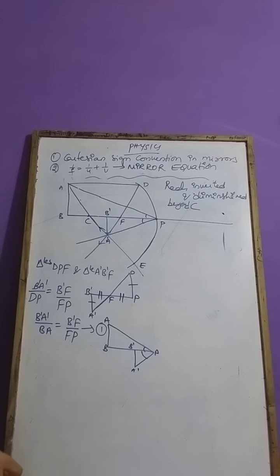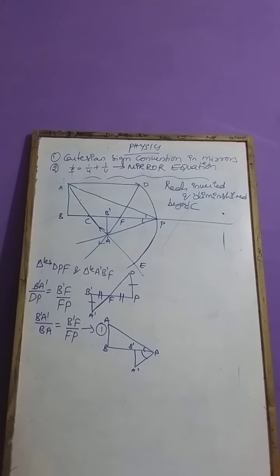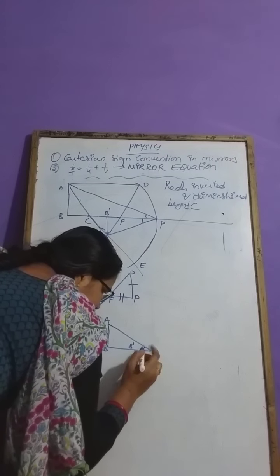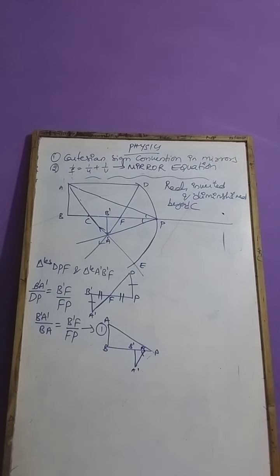I made a mistake, I think. It should come somewhere here. This is F. So now what happens from this? B dash A dash by BA will be equal to B dash F by FP.